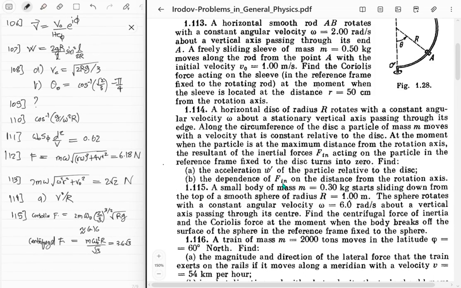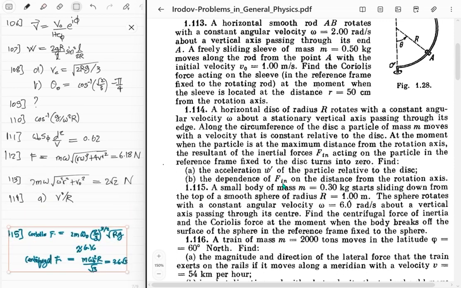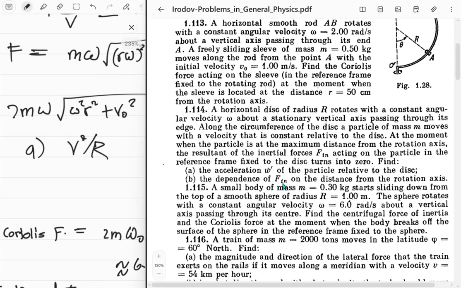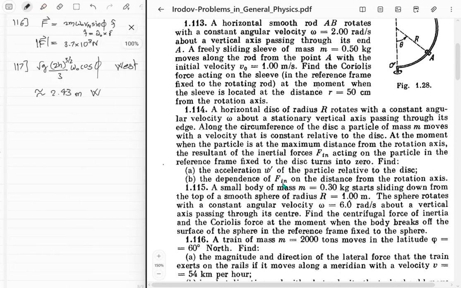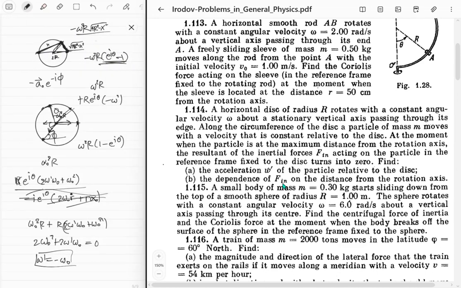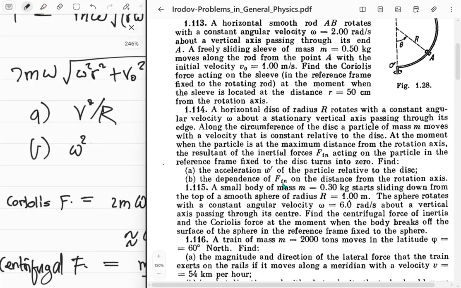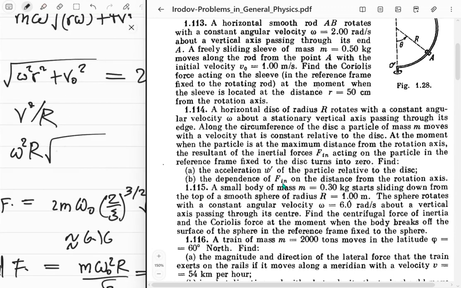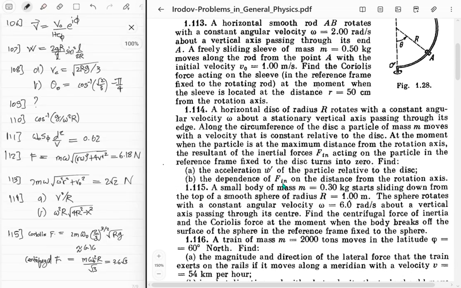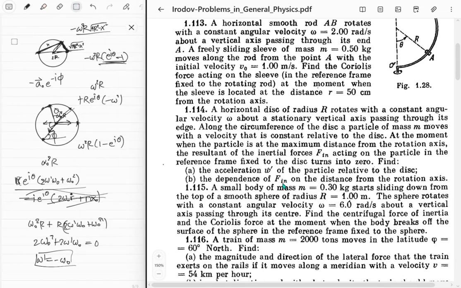So 114d, now we can do it. What was the thing? This omega squared r square root of 4r squared minus x squared. Okay, finally you got it. Just delete all of this.